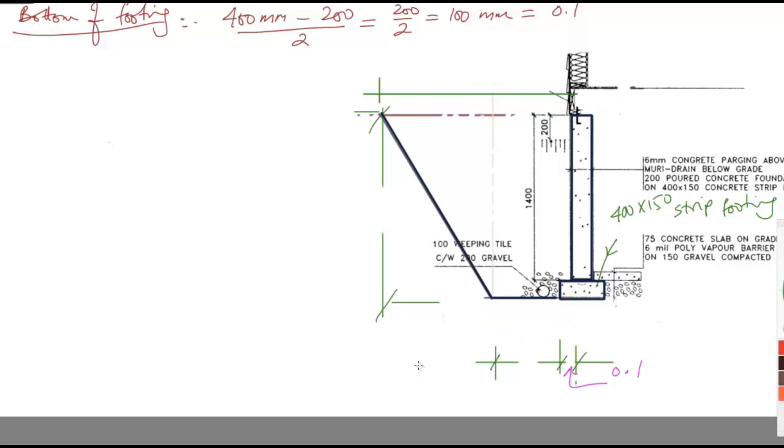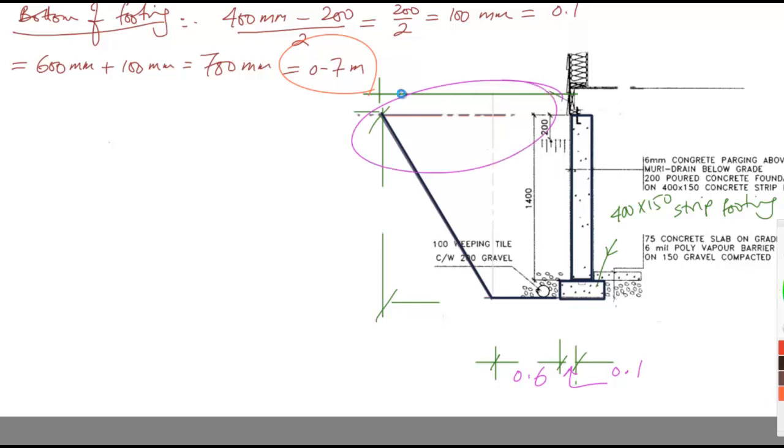So to get the bottom, or the entire bottom of the footing, we'll have 600 millimeters plus the 100 millimeters that we just calculated, and is equal to 700 millimeters and is equal to 0.7 meters. So that is the first part of the puzzle. So this is equal to 0.6, so the total is equal to 0.7.